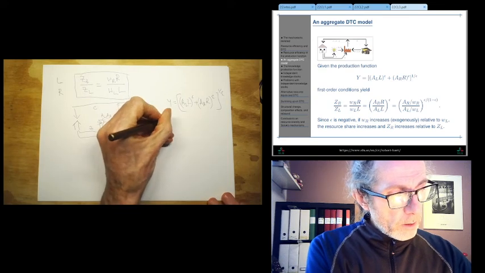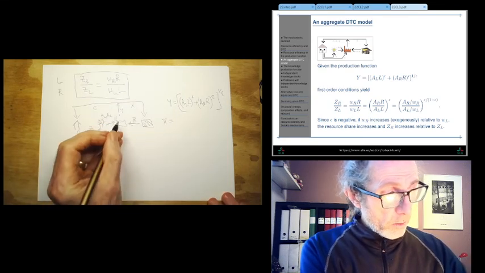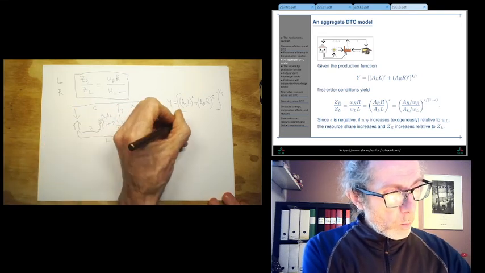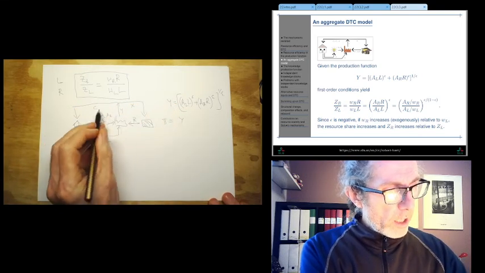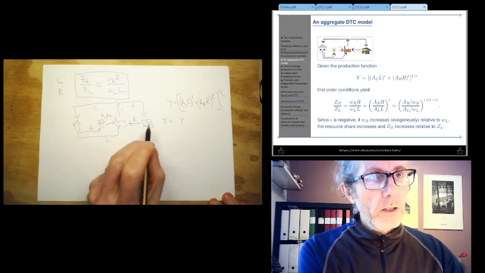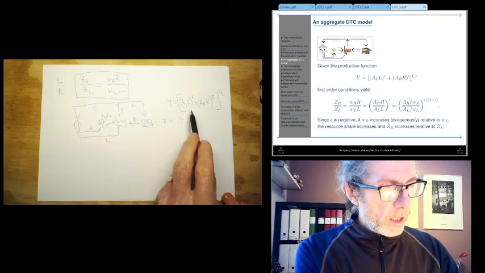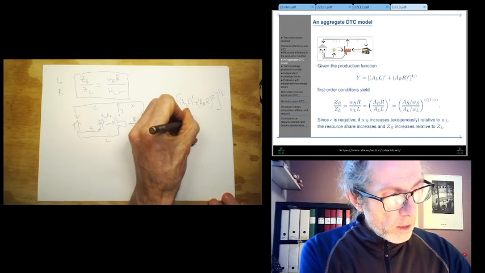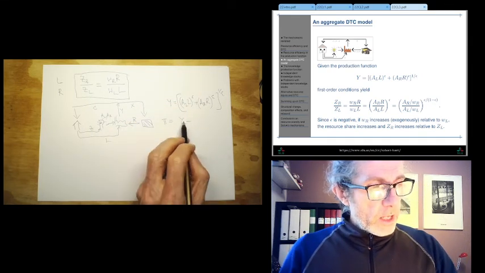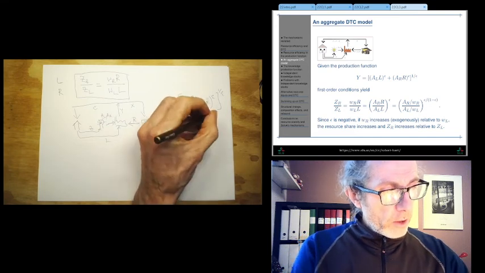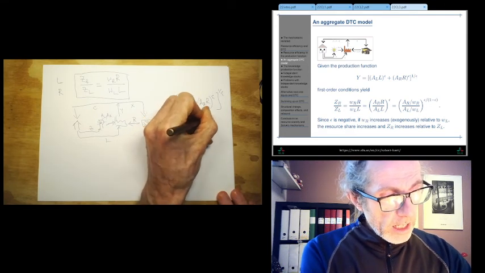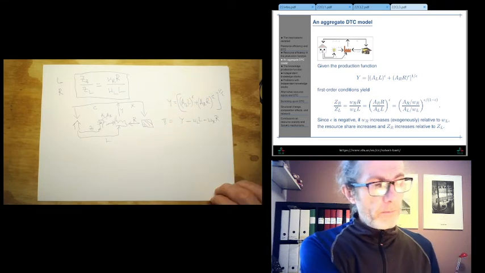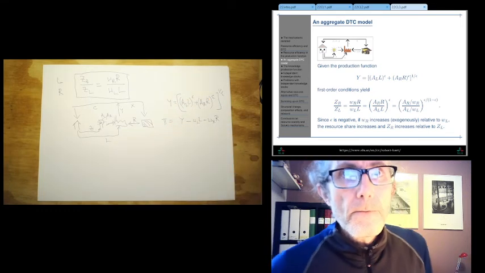That producer's profits are P_Y Y, but P_Y we can normalize to 1, so we can just write Y minus, so that's revenue minus costs, which is W_L L plus W_R R.